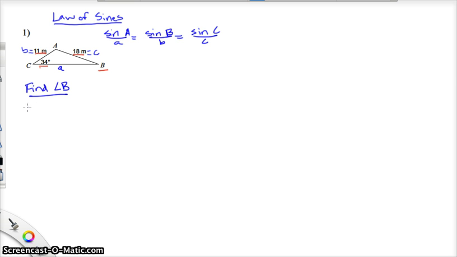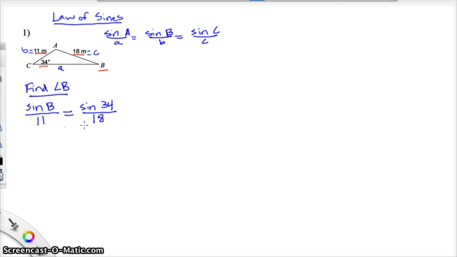To do that, if I want to find angle B, I'm going to say that the sine of angle B all over the side B, which is 11, equals the sine of angle C, which is 34 degrees, over the side C, which is 18.